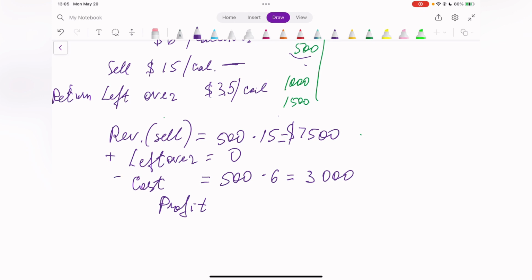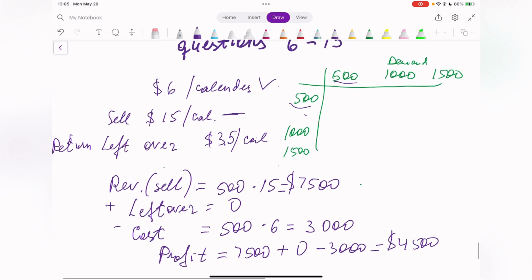So it's 7,500 plus 0 leftover minus 3,000. So it's going to be 4,500. All right, let's put here profit is going to be 4,500.